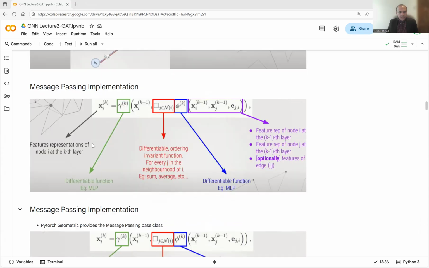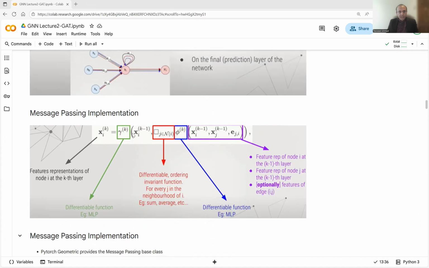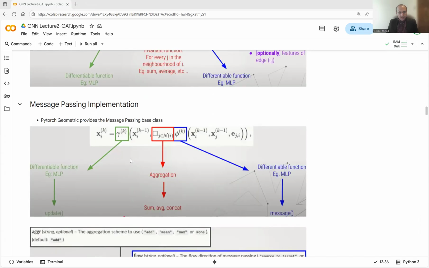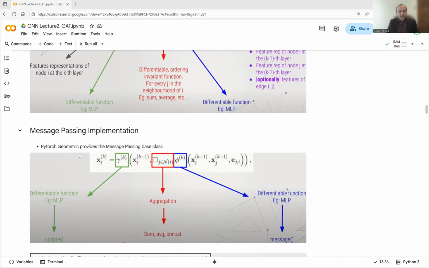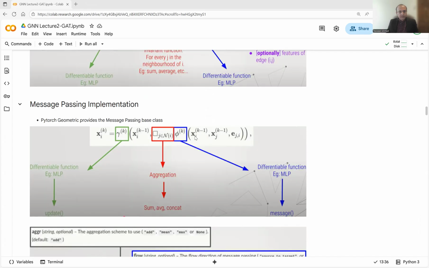So here, this is the message passing implementation in PyTorch, where we have the message at layer k minus 1, and then we compute a nonlinear activation function and apply a summation over it, and then pass it to a second nonlinear function. So this is the message, and the message is aggregated over some aggregation function, and then an update is applied on this message, and then from layer k minus 1 to layer k, the message is updated.